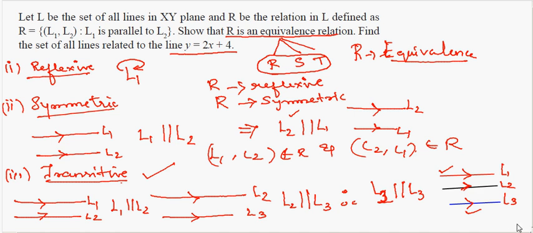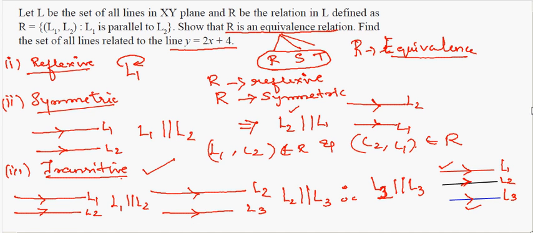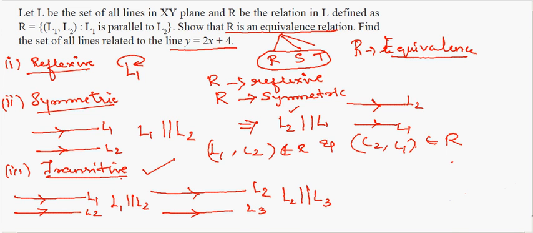Now let's check for the next thing. They have told us to find the set of lines which is related to the line y = mx + c. So how to do that? Say, for example, if I take the equation y = 2x + 4, if two lines are said to be parallel, then m, that is the slope, should be equal.